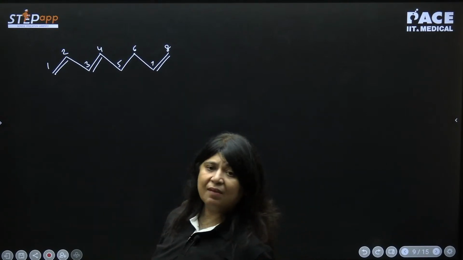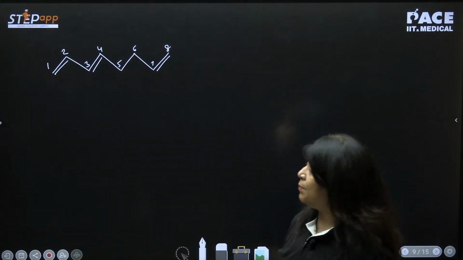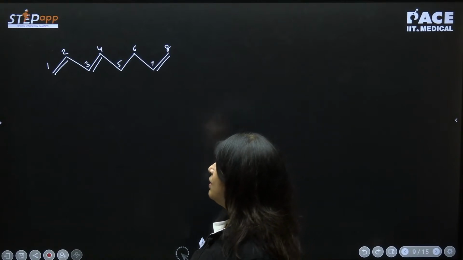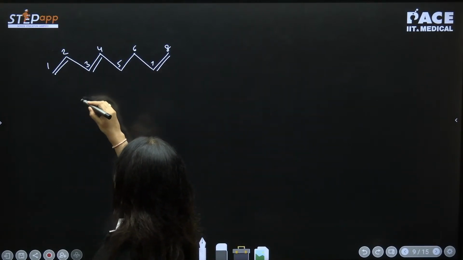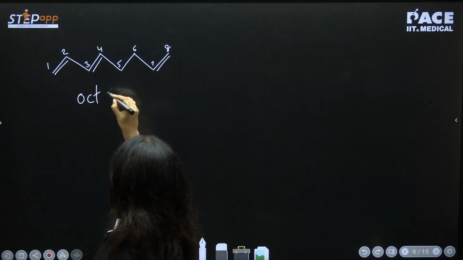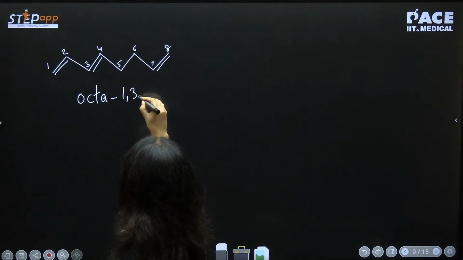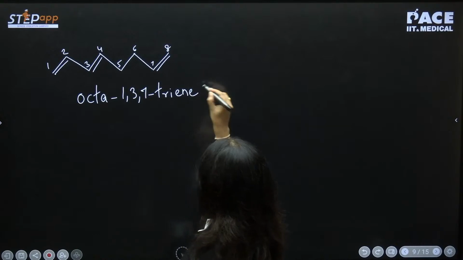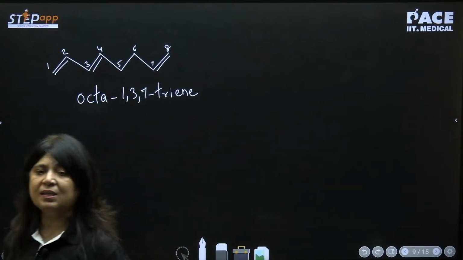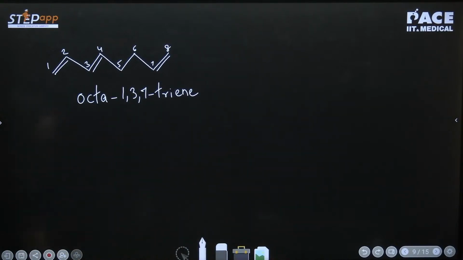So 1, 3 and 7 is going to give me the correct numbering because I'm going to get a lower number set. So let us name this. There are in all 8 carbons. So root word is oct, octa-1,3,7-triene. Okay, octa-1,3,7-triene.